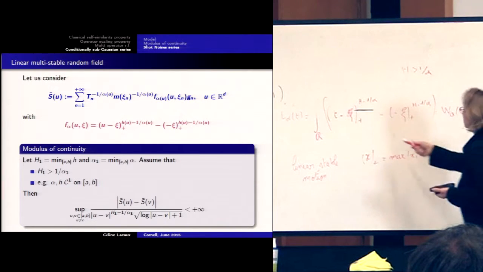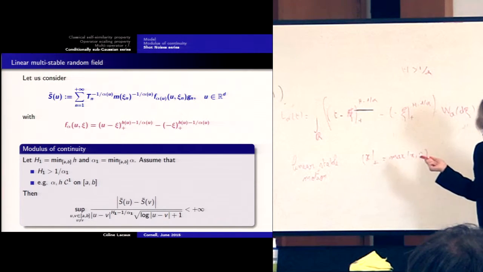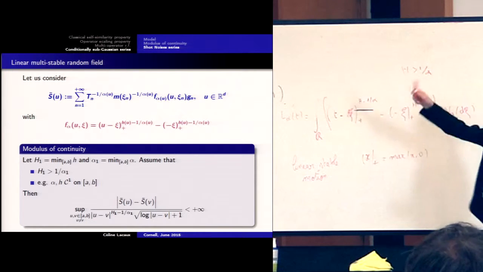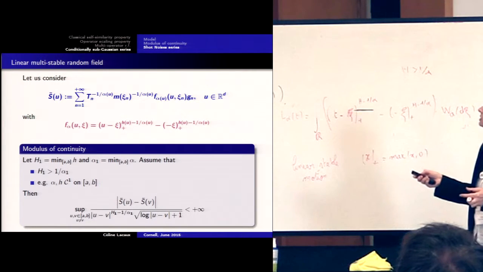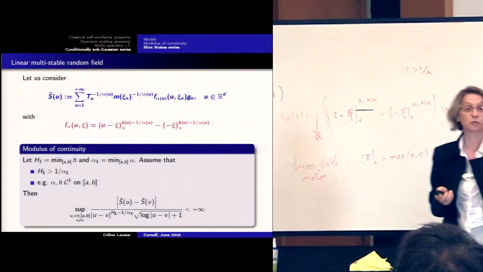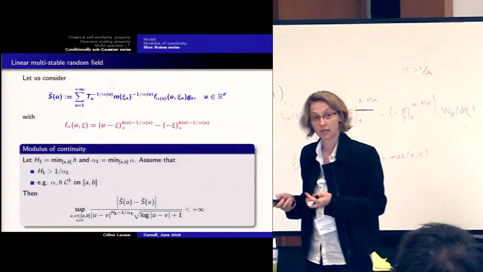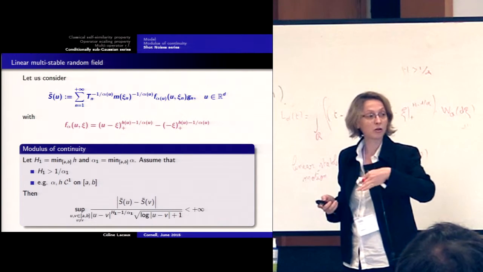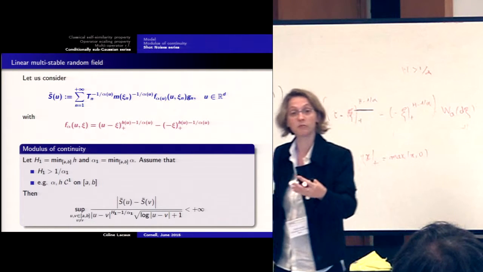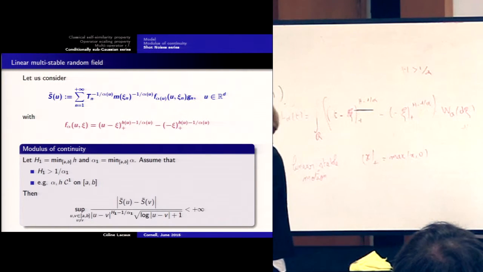So I can propose a Lepage series representation of this field. It will be exactly what is right up here, but with alpha of u, which is constant, equal to alpha. And if I want to define the multi-stable random field associated to L alpha, it will be this one.